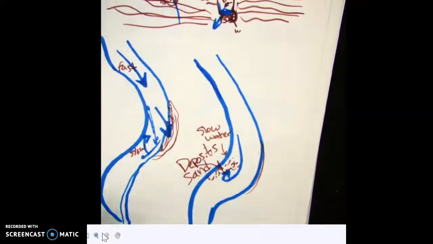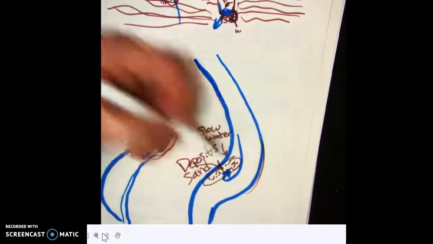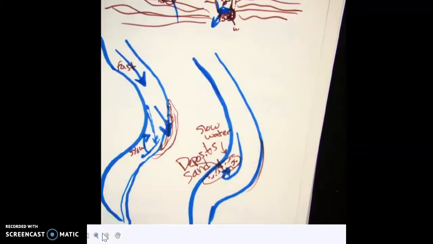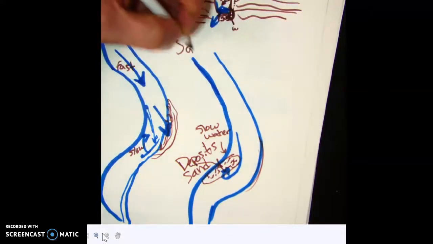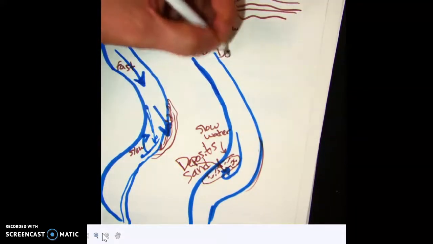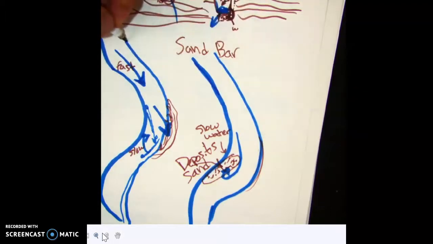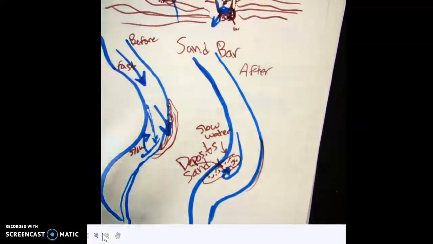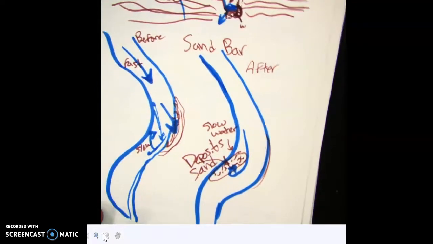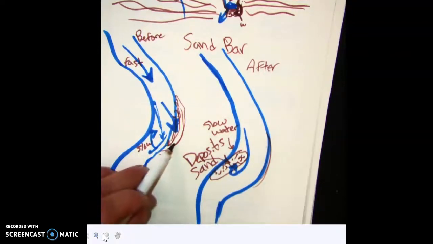Slow water right in here, and it's going to make our sandbar. Okay, so this one was a sandbar. This is before. This is after. Right? And again, you're also cutting that bank away.